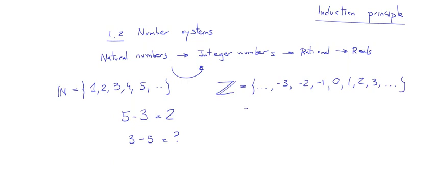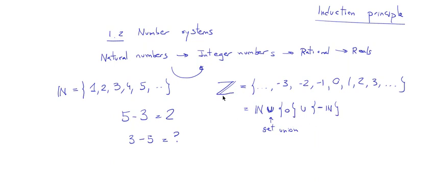So you can think of them as the naturals, union, this is a set union, with the set {0}, and then union with a copy of the naturals but negative, so negative naturals. This is a way to think about them.